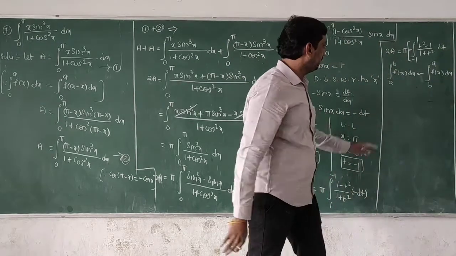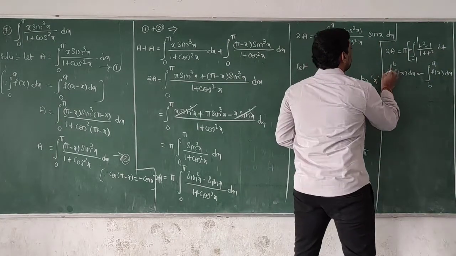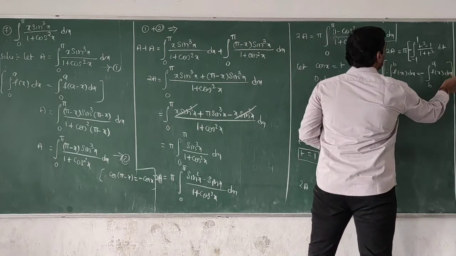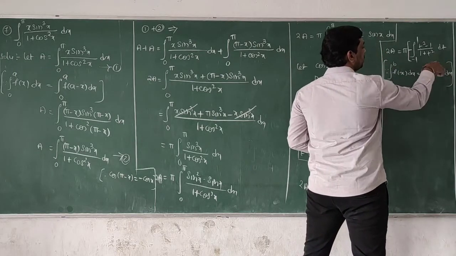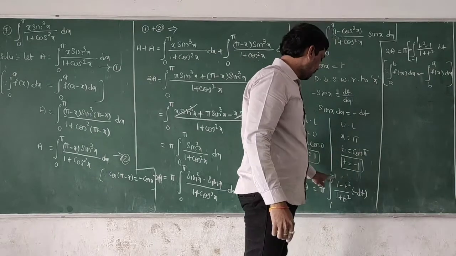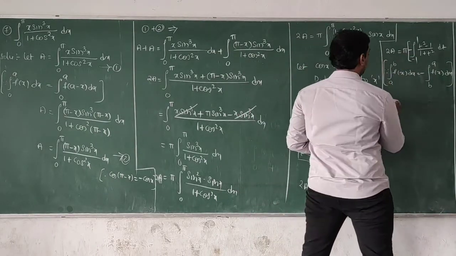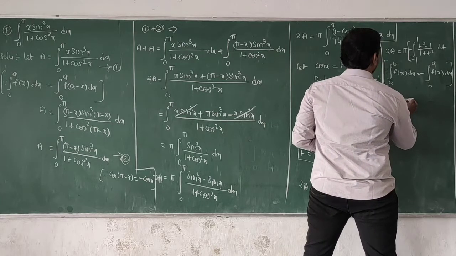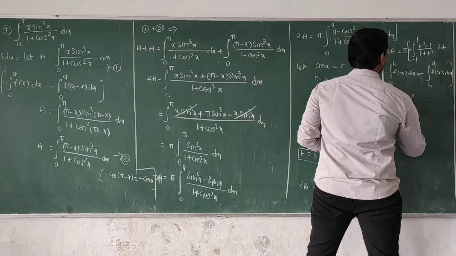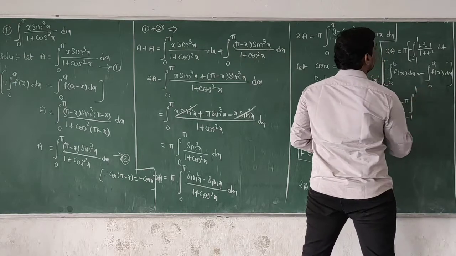Understood clearly? Here we use this formula: integration a to b f of x dx can be written as minus integration b to a f of x dx. Here I interchanged the limits, that's why I am writing minus here. Understood? Right.